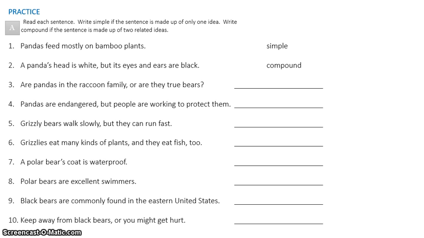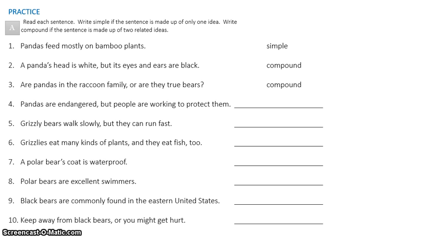All right, now that you're back, number 3 says, are pandas in the raccoon family, comma, or are they true bears? Well, we see a coordinating conjunction, or, it has the comma before it, so that one is going to be compound. Number 4, pandas are endangered, but people are working to protect them.